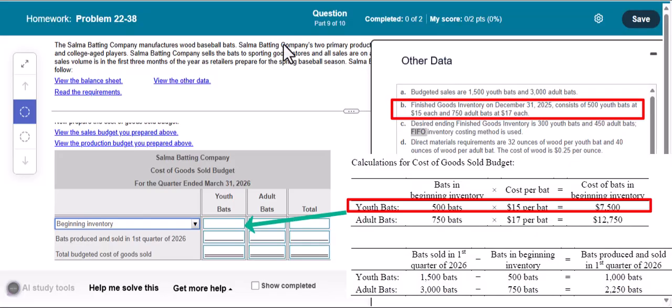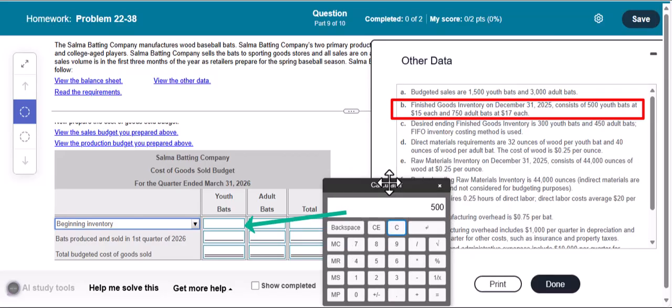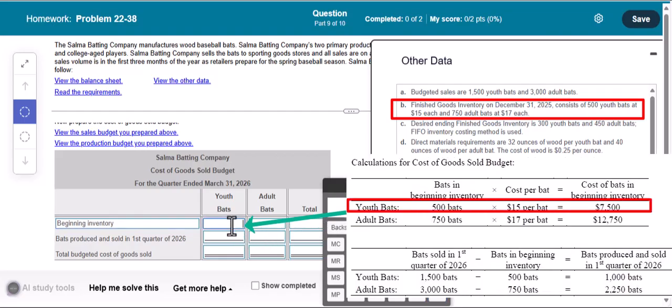So for this beginning inventory of youth bats, we're going to take 500 times $15 each. So we can put that into practice here. So 500 bats we're selling at $15 each for the youth bats. It's going to give us 7,500 here for the beginning inventory.